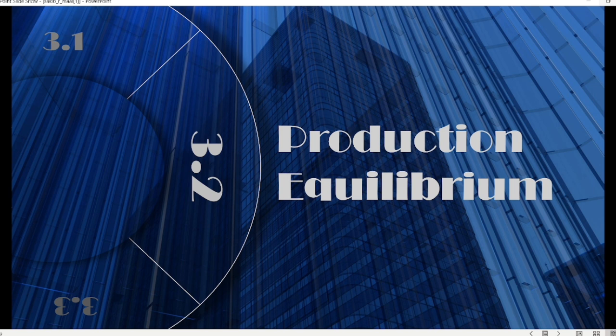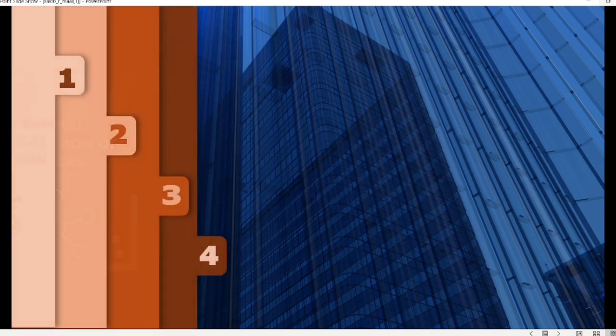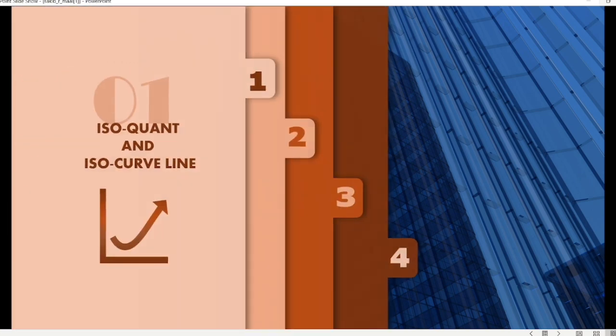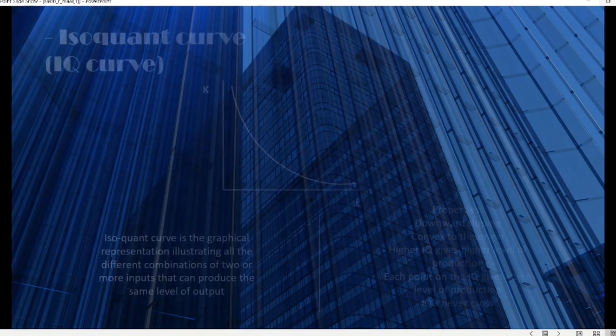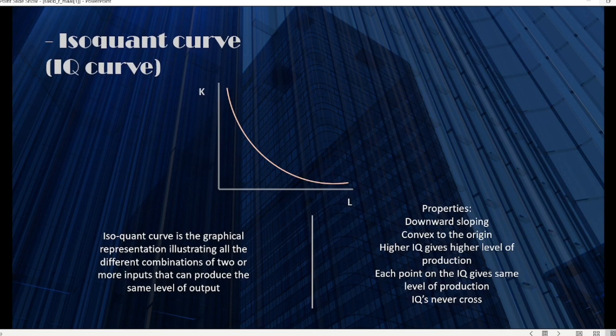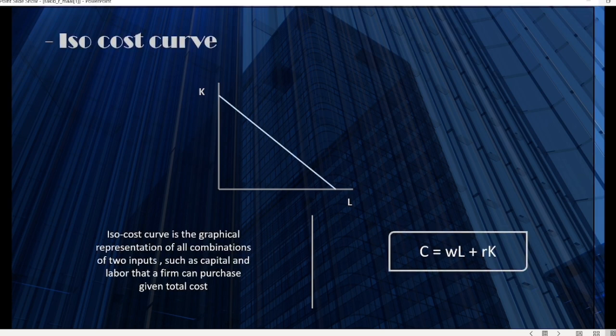So let's quickly recap what we've learned today. Production equilibrium, it's about producing efficiently with the given resources. Then we have Iso-Quant curve. So Iso-Quant curve shows different combinations of inputs that yield the same output. And then we have our isocost curve.